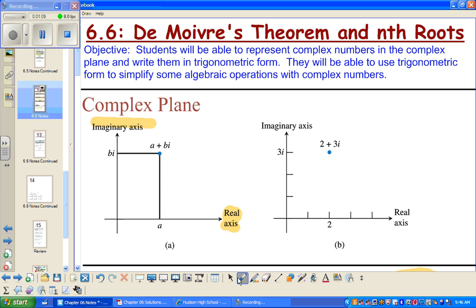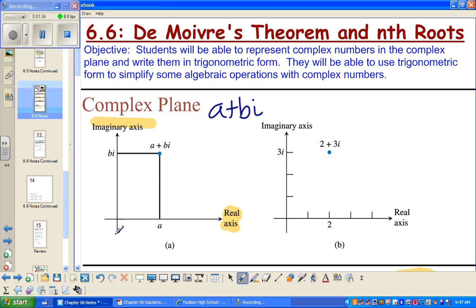So you know that when you have a complex number, it comes in the form a plus bi. And in order to plot this point in the complex plane, the a number is your horizontal movement, and the b number, or the bi number, is your vertical movement.